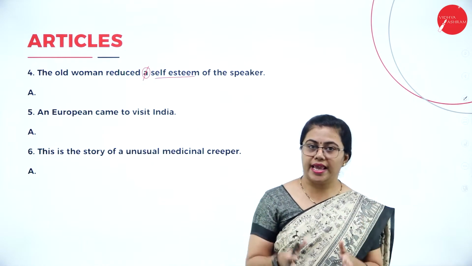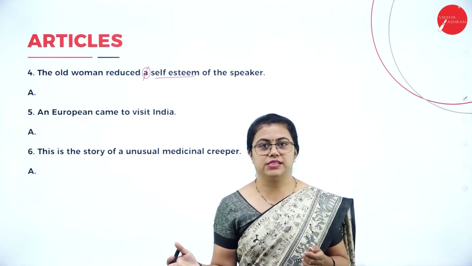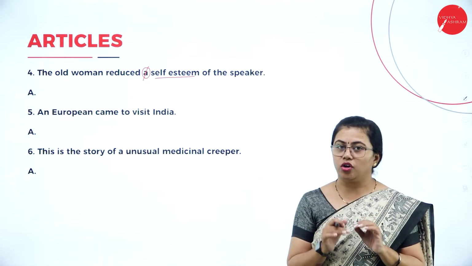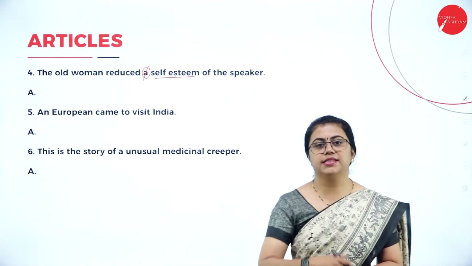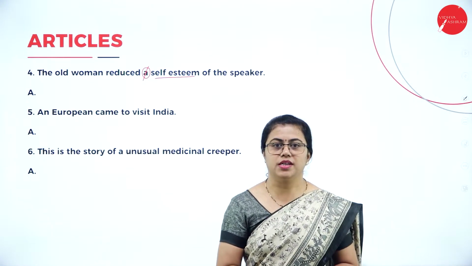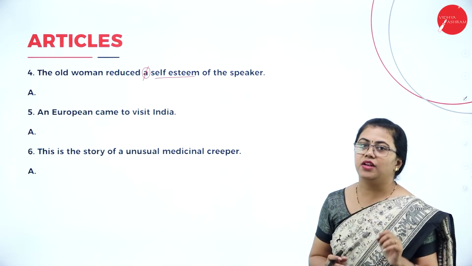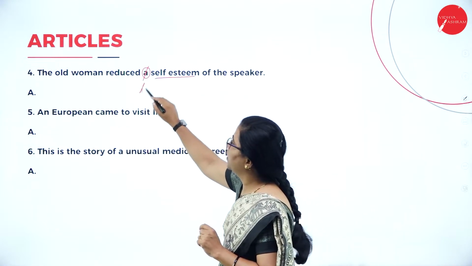Only you can experience that, but you cannot see it. It is out of your five senses. Whenever you're talking about words like that, you are not supposed to use any indefinite article. Yes, in rare cases you can use definite articles. Just read the sentence: the old woman reduced the self-esteem of the speaker. The actually holds good over here.